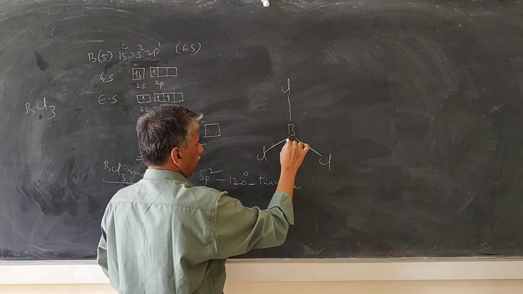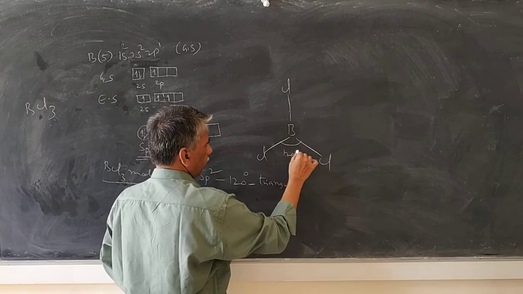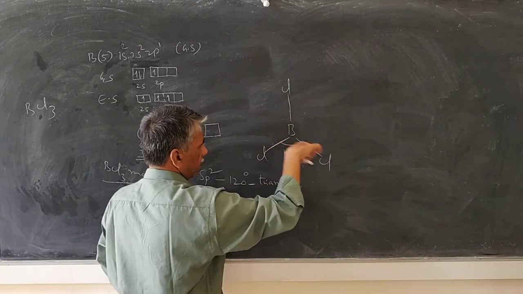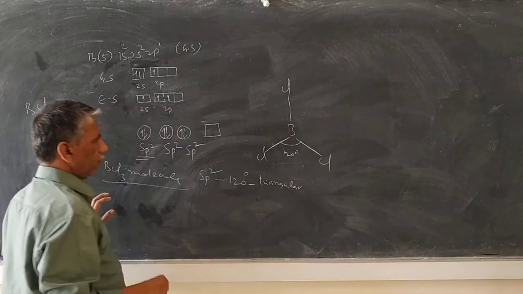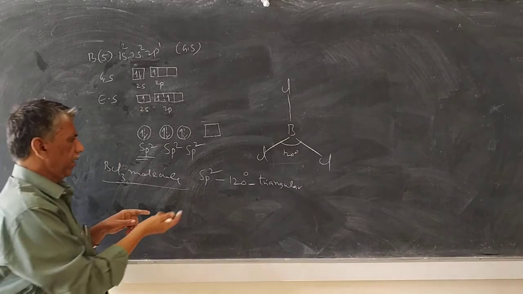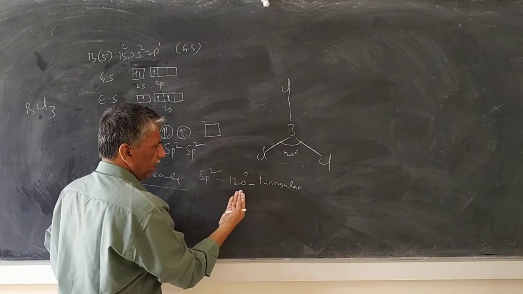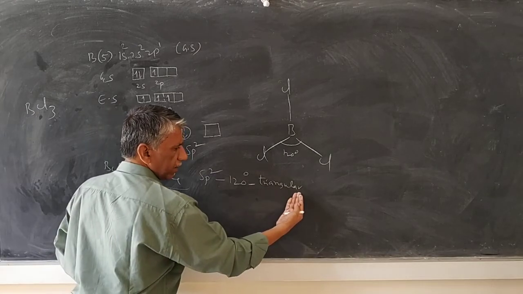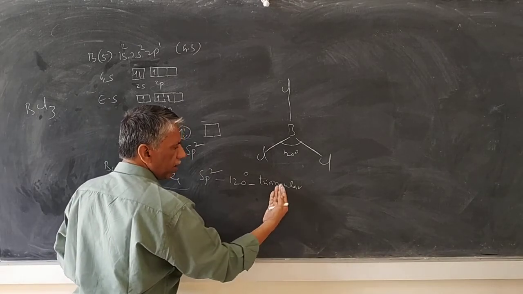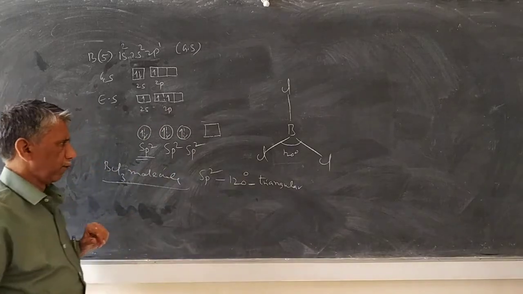It is 120. This is 120. It's a triangular shape. So depending upon the type of hybridization, you can predict the bond angle as well as the geometry or shape of the molecules.